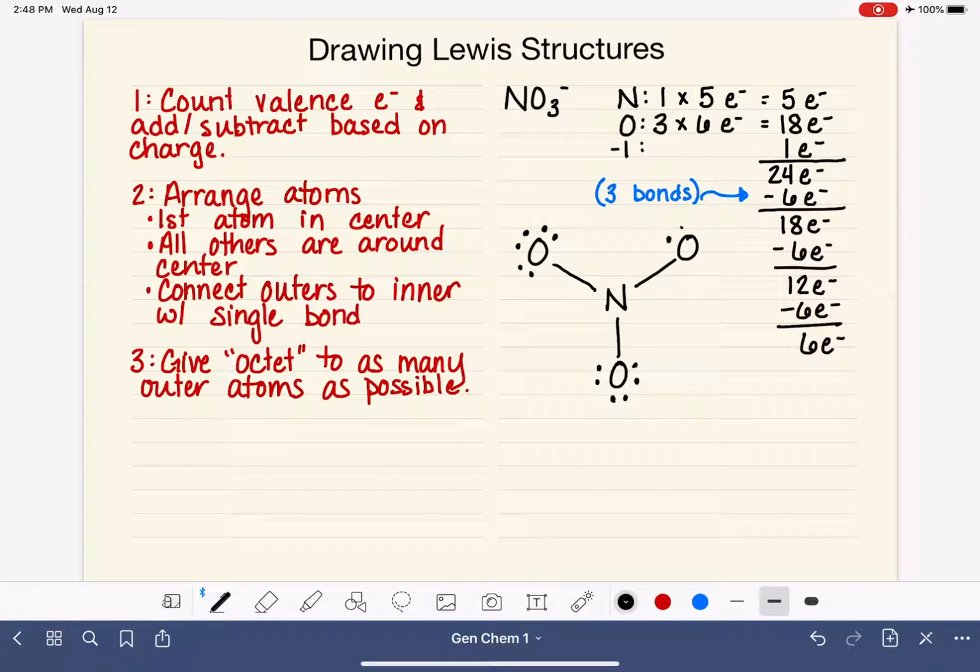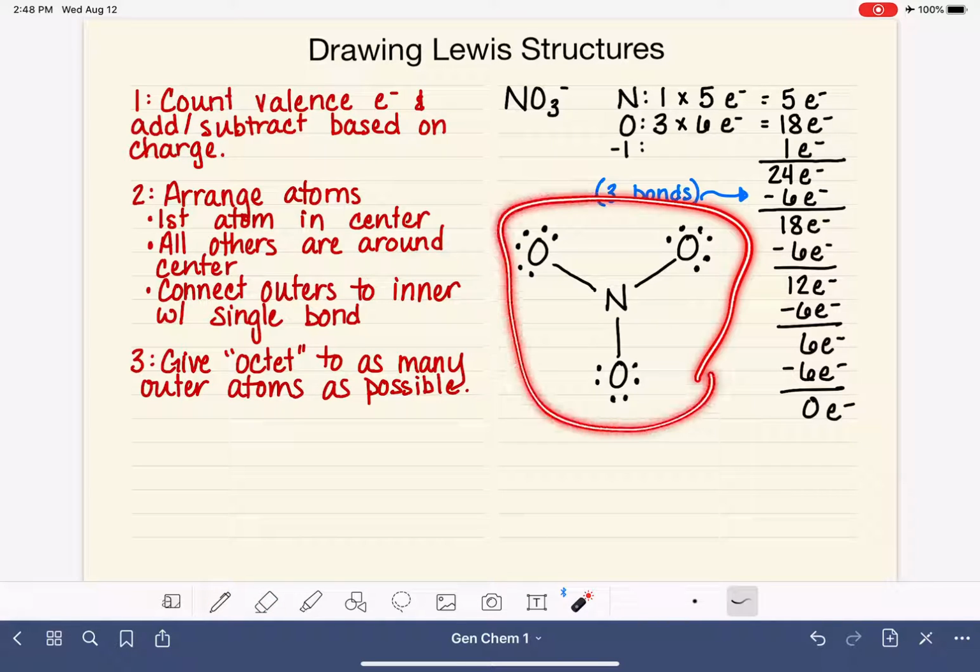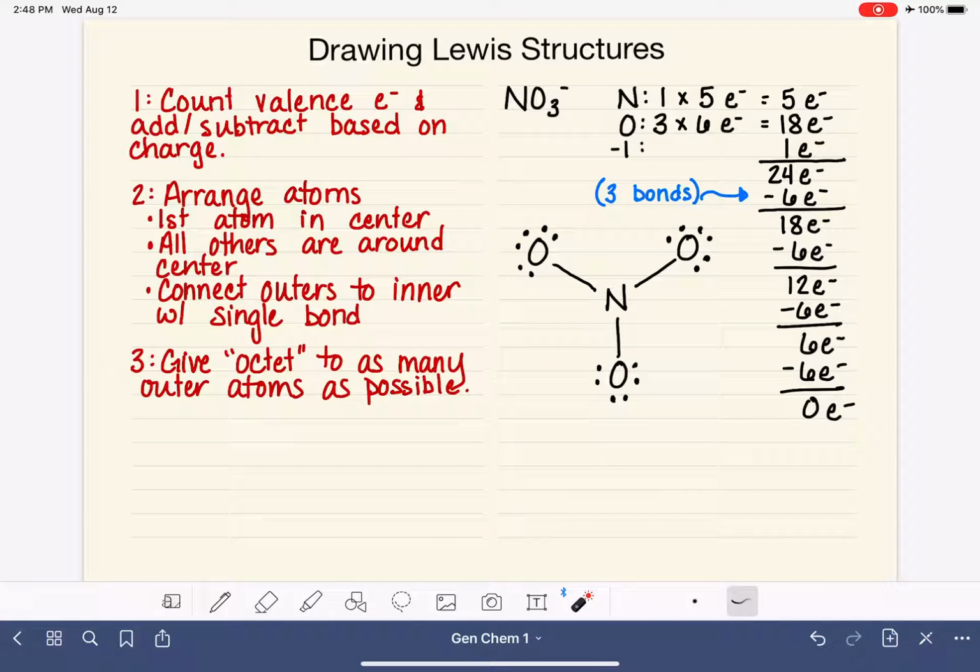It wants another 6, so that now it has 8. And that actually used up all of our electrons. So that means we can't add any more electrons to this structure. They're all there. Now again, with this octet, one more time I want to count: for any oxygen atom, we have a total of 1, 2, 3, 4, 5, 6, 7, 8 electrons around it. That's what it means when we say give it an octet.